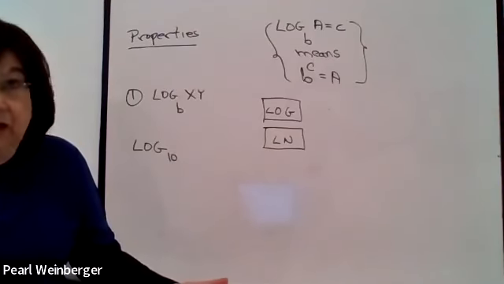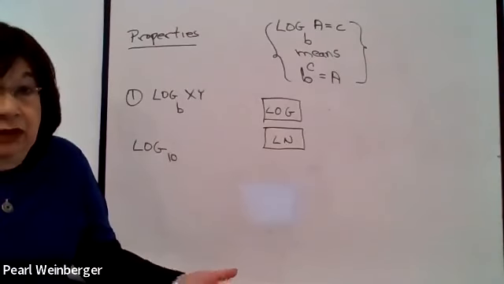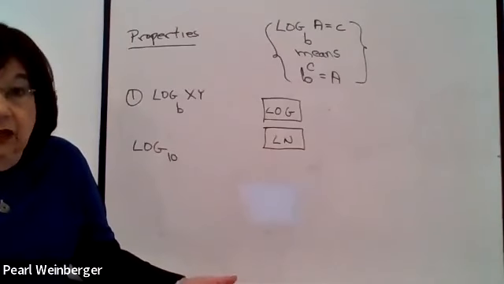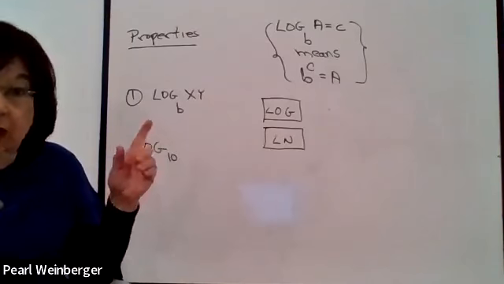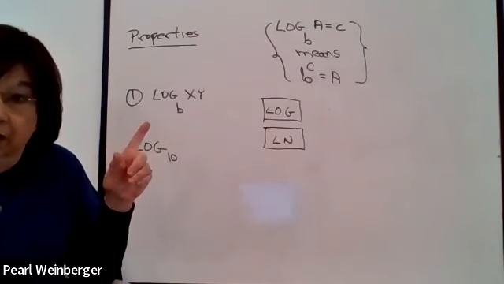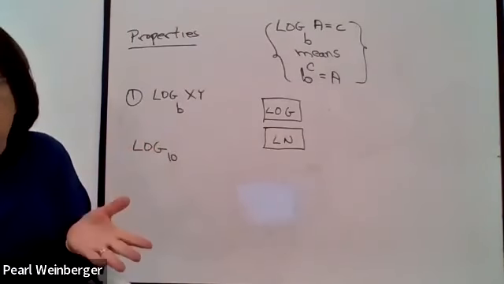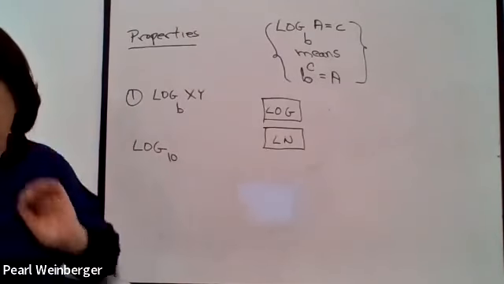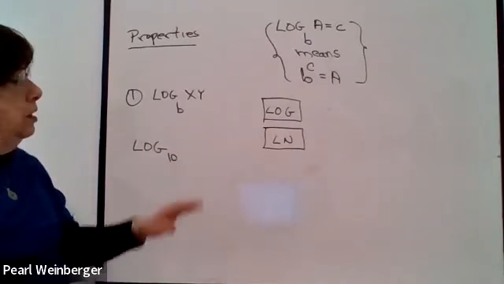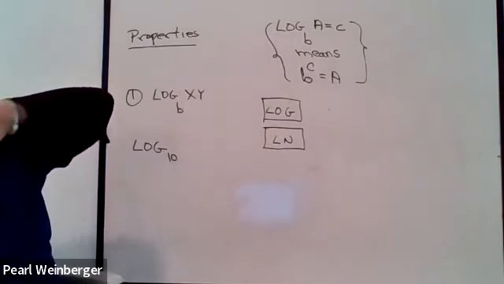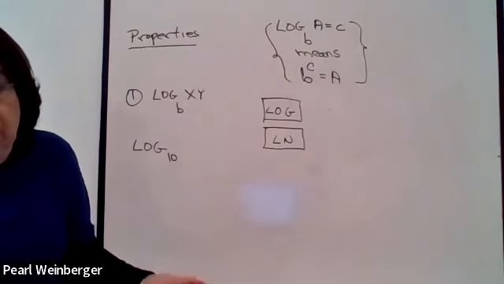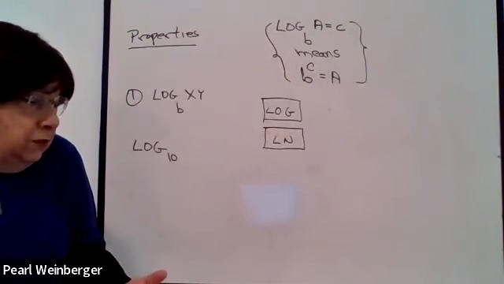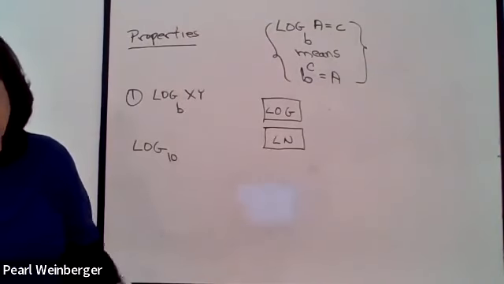Let's face it. If I do 10 squared, I get 100. If I do 10 to the third, I get 1,000. In other words, the exponent of the 10 tells you how many zeros there are. It's really an easy number to multiply by. So on our calculator, if we're going to pick any number to use as a base, since our whole number system is based on tens, very often that's what we do.